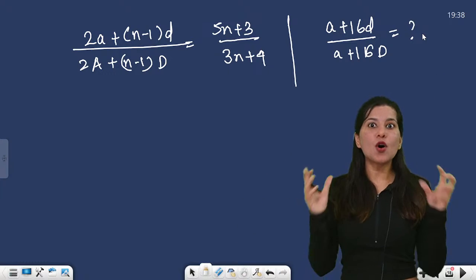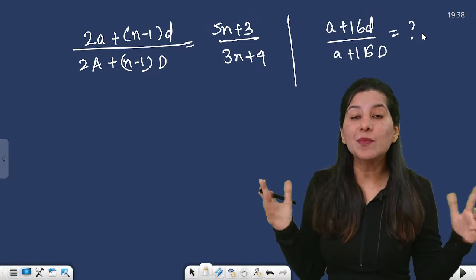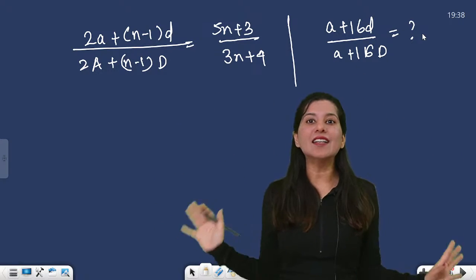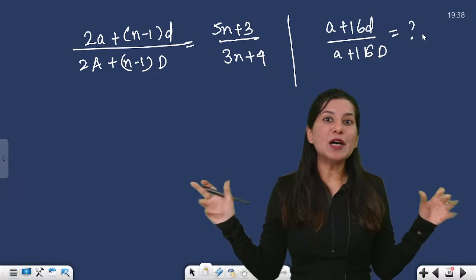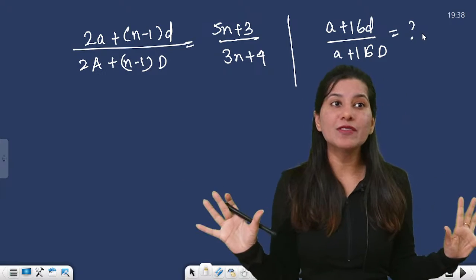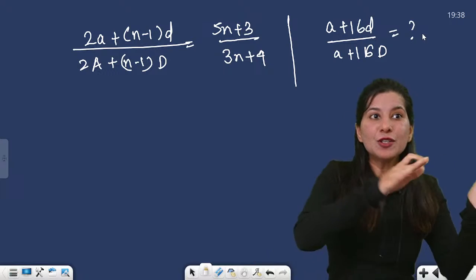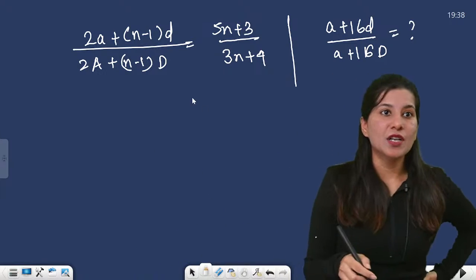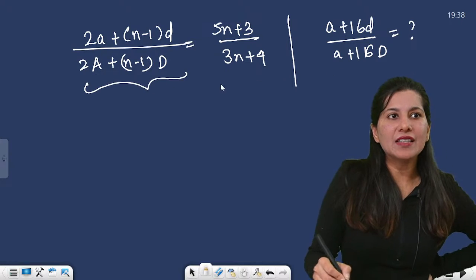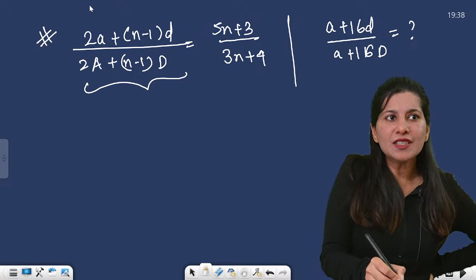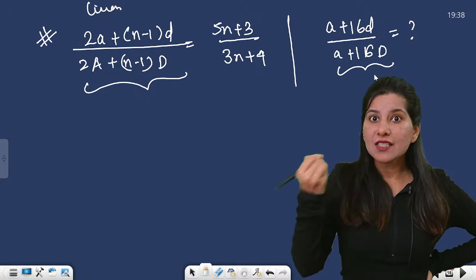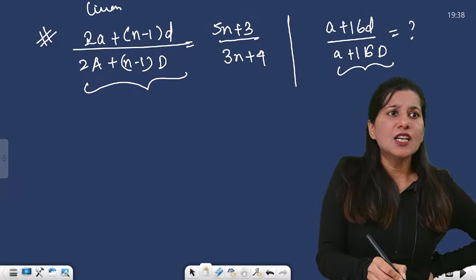Now the question is all about your observation and manipulation skills. Arithmetic progression, sequence and series done. This question is all about how you solve any problem. It's all about problem solving skills. This is what is given to you. This is what is asked of you. I can clearly see the left hand side of the given information, and this is the left hand side of the asked information.